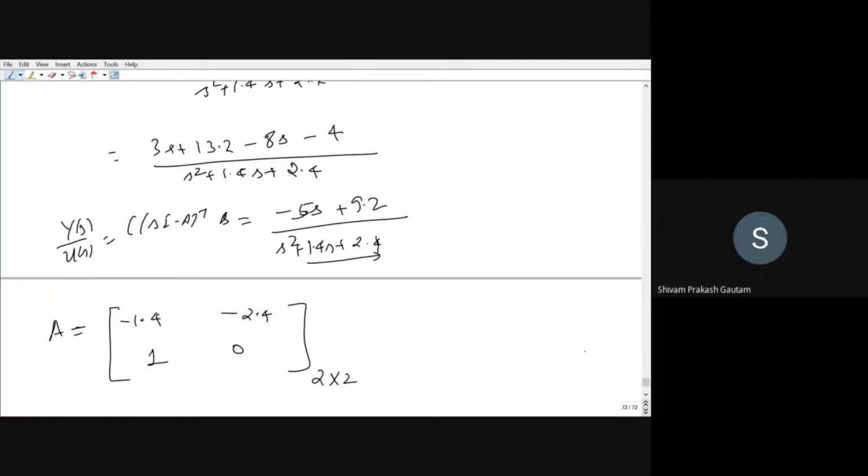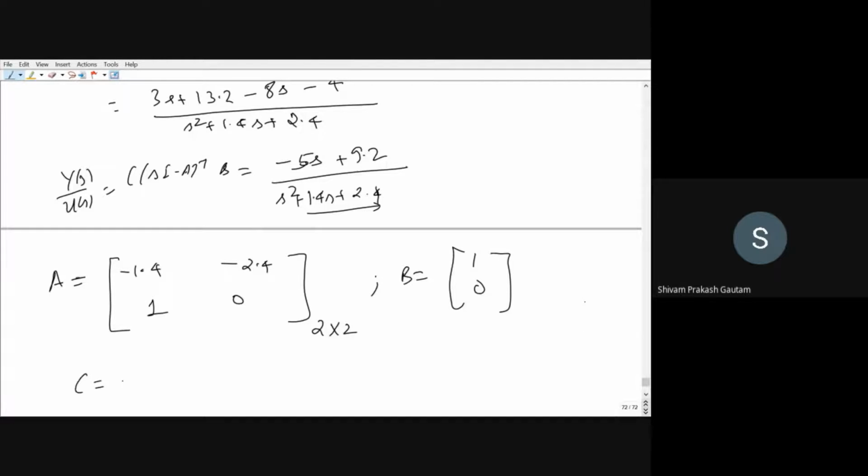So this is the A matrix. The B matrix: the first element will be 1, the next element will be 0. And the C matrix will be the positive coefficients in reverse order, so minus 5 and 9.2. Any doubt in this part? We have got the control canonical form from the transfer function.